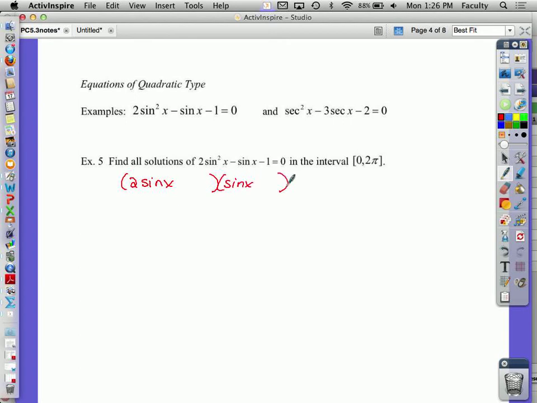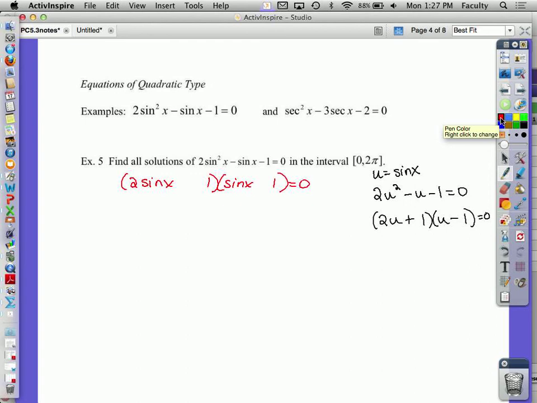And what I mentioned on the previous problem, if it bothers you with the trig functions, you can use a u-substitution. If I let u equal sine x, then this would be 2u squared minus u minus 1 equals 0. Factor it. And then you would just put your sines back in, okay?